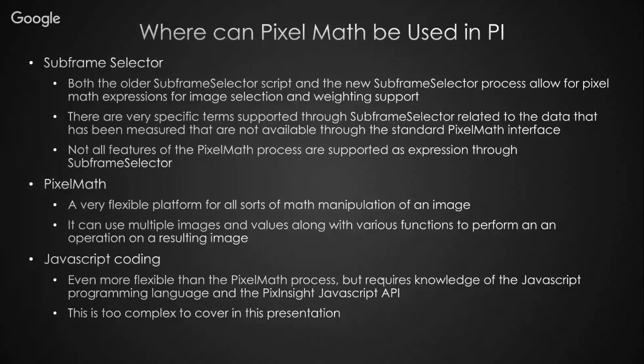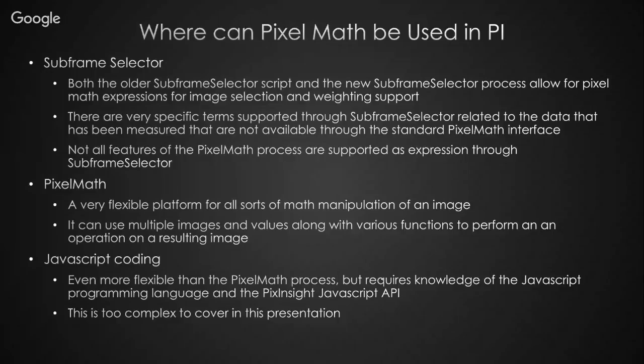In pixel math, it's a very flexible platform for all sorts of mathematical manipulations of an image. You can use multiple images as inputs along with values and functions to perform any kind of operation. It's not absolutely limitless, but you can do a fair amount with it.